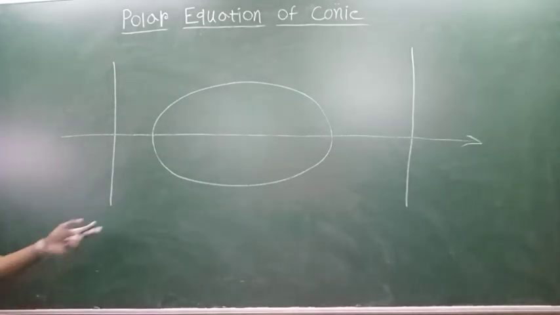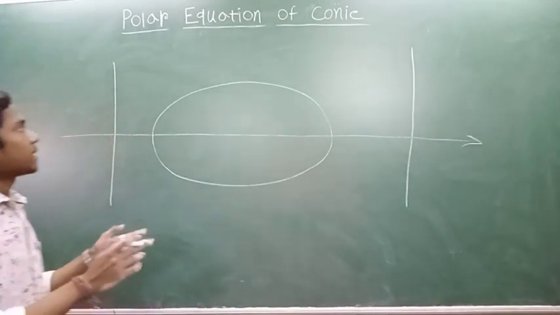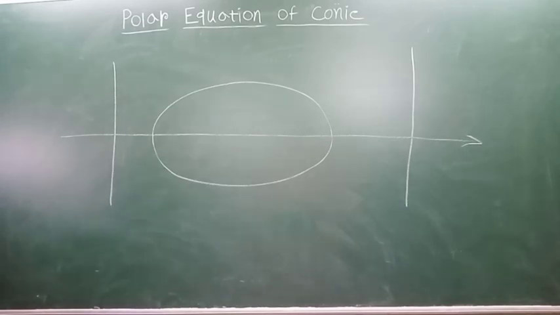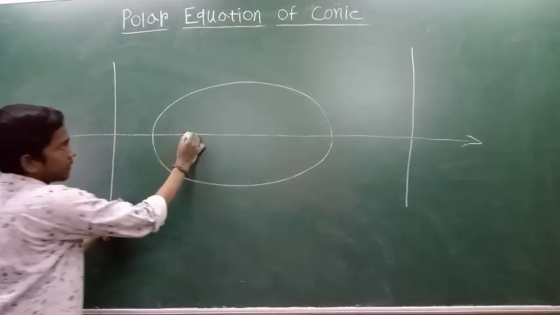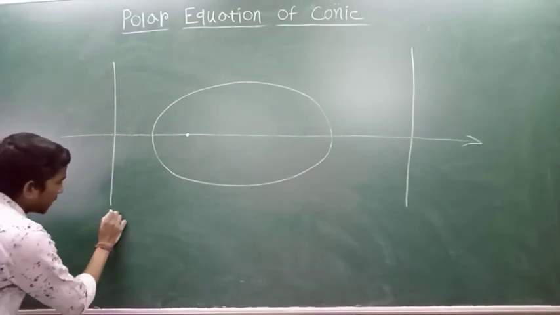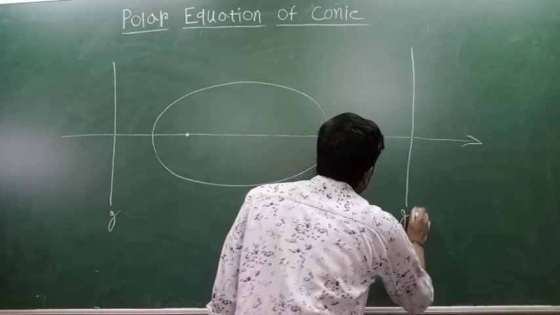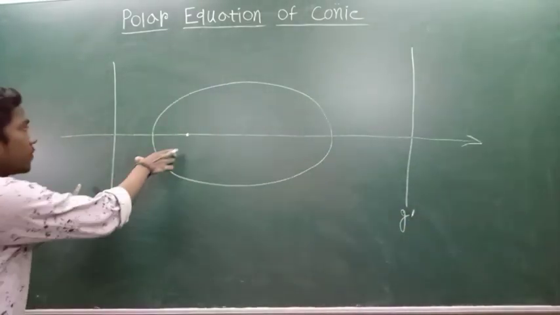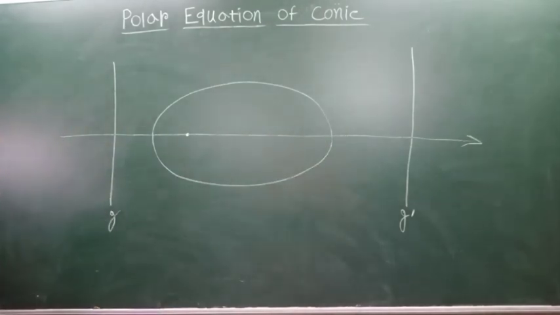I have drawn this like an ellipse because we have taken two directrices, but consider this as a general conic. Now we use this focus and this directrix to derive the equation. Say this directrix is G and this is given as G dash. We use only this pair of focus and directrix to derive both the equations.